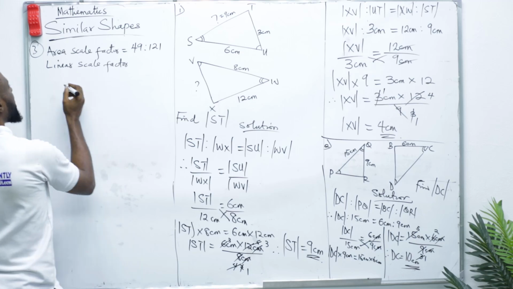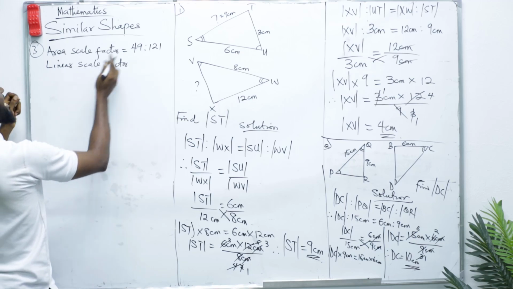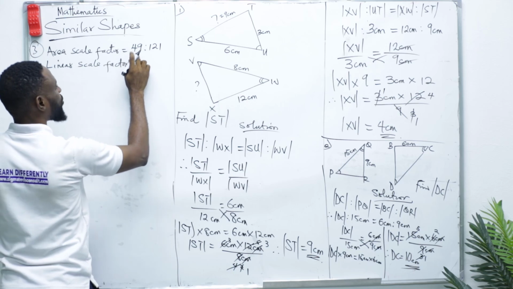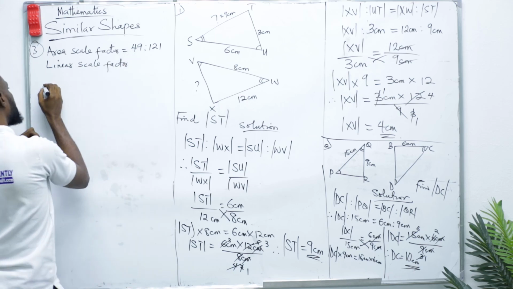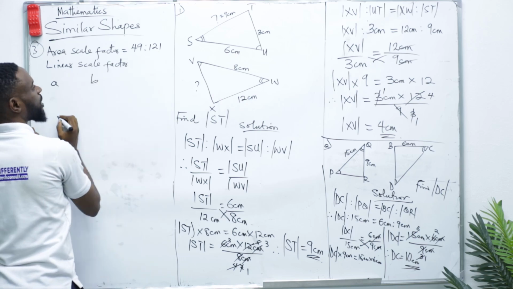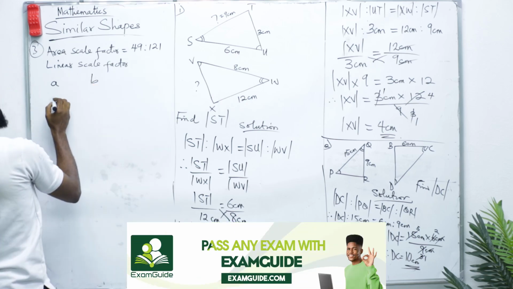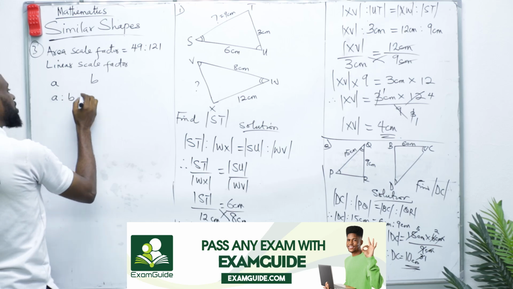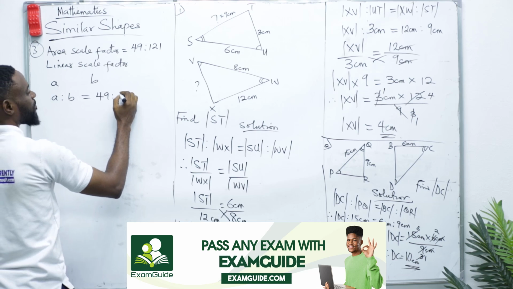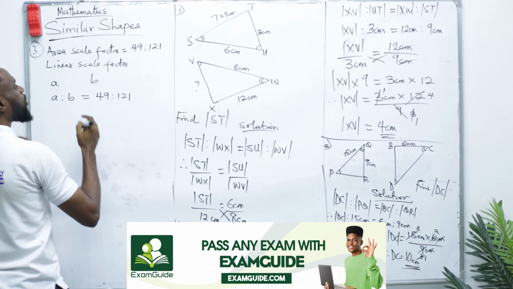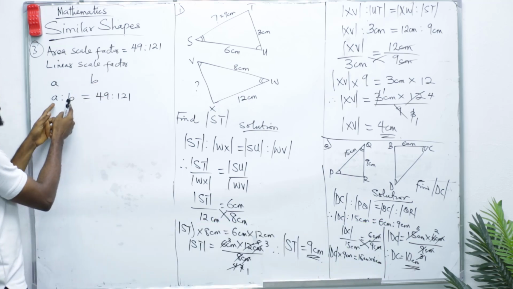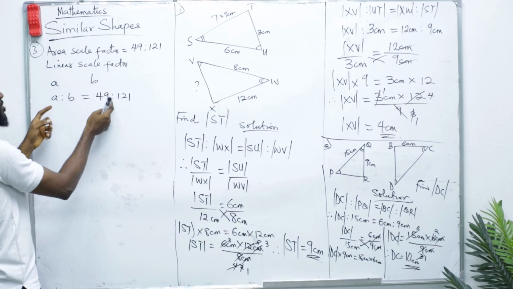Let the linear factor of 49 be A, and that of 121 be B. So this means that A is to B is equal to 49 is to 121. But then to find the linear scale of this, we'll have to find the square of this.